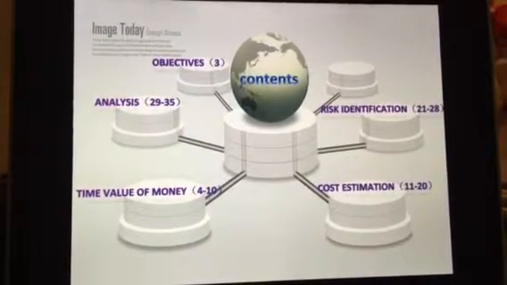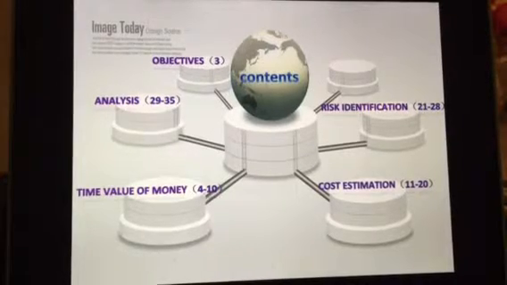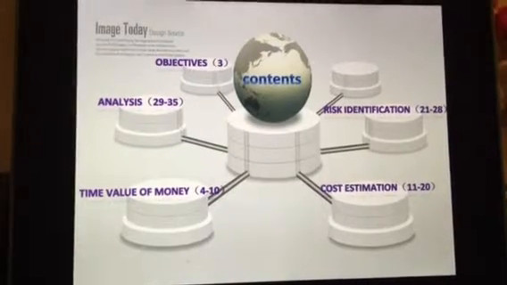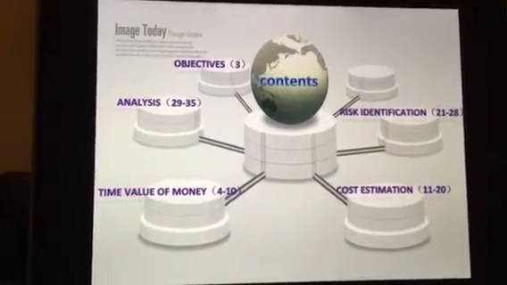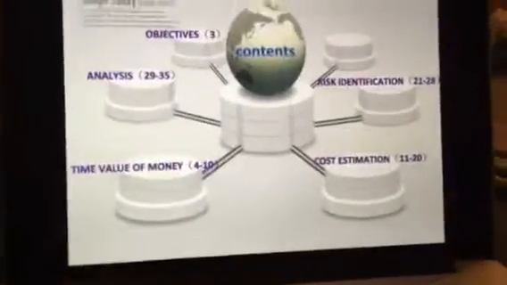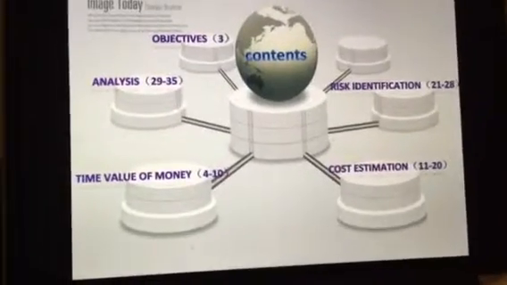In these little lectures, we will be focused on the time value of money, cost estimations, risk identifications, and the analysis.